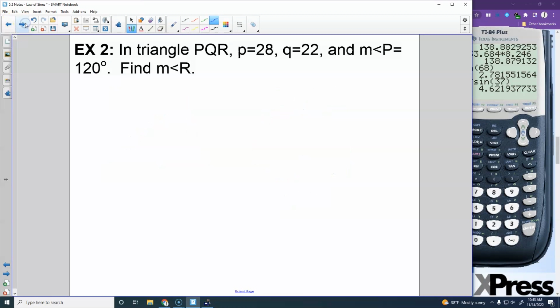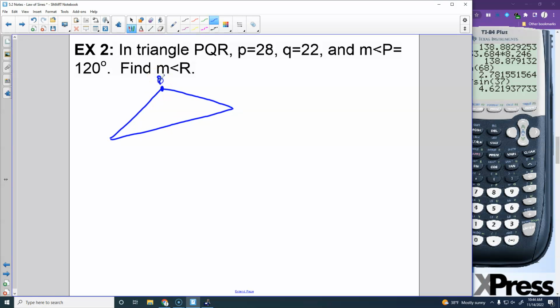All right. For this triangle, we've got P, Q, R. P is 28, Q is 22. Measure of angle P is 120, and we're supposed to find the measure of angle R. So I'm going to draw out a picture for this. I know angle P is 120, so I want to make it an obtuse angle to try to be a little bit to scale, but it may not be perfect.